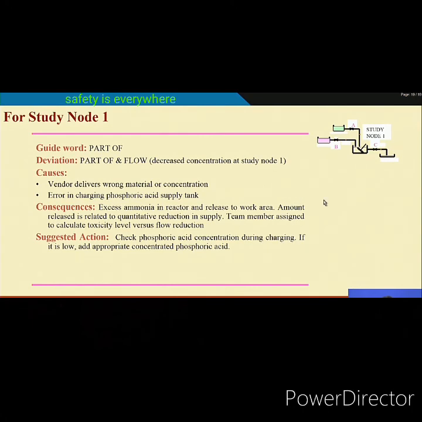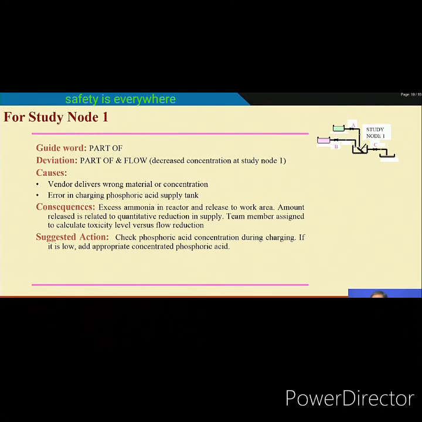I have shown you in each how the parameters and guide words are used and how deviations are determined, and then once a deviation is significant, the causes, consequences and suggested actions are identified.